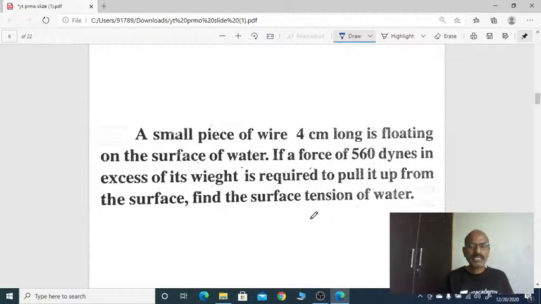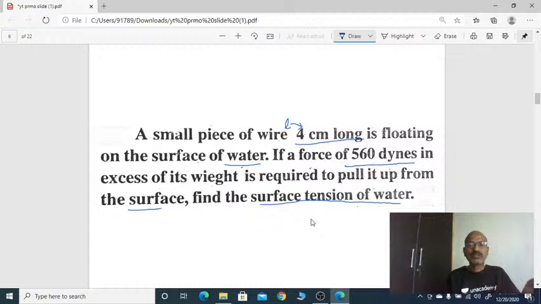A small piece of wire 4 centimeter long, so length of the wire is given 4 centimeter, is floating on the surface of water. If a force of 560 dyne in excess of its weight is required to pull it up from the surface, find the surface tension of water.